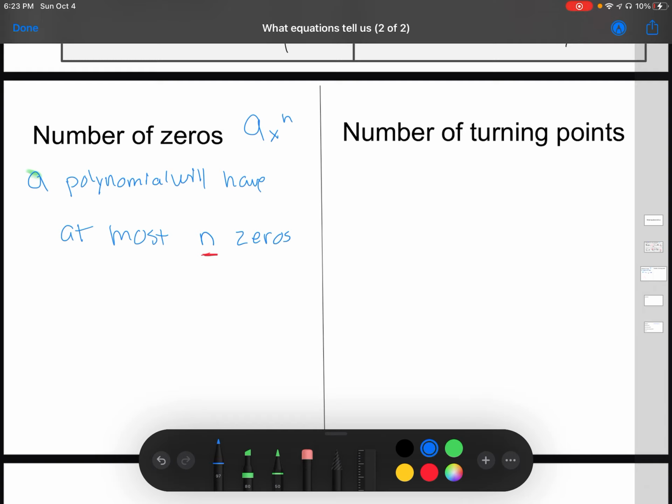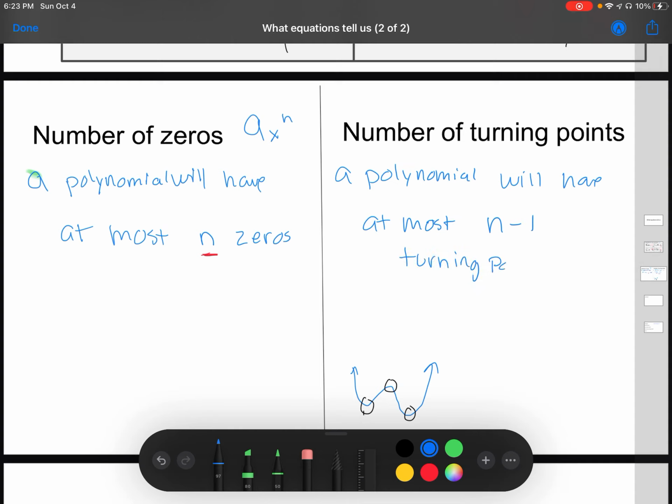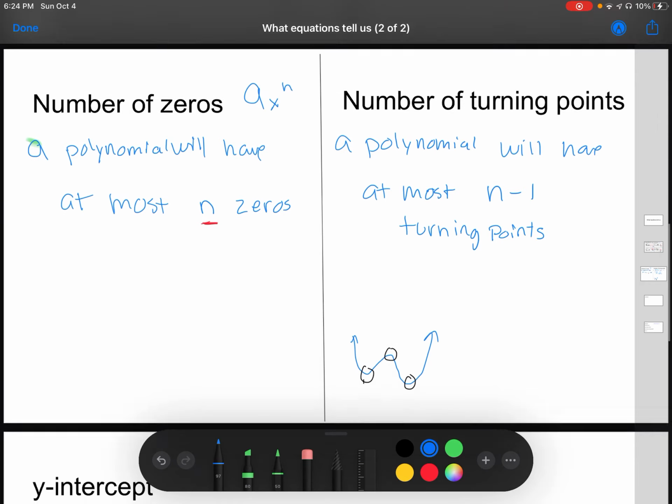A polynomial will have at most n minus 1 turning points, and again, that n is the exponent of the leading term. So if the exponent is 3, it will have 2 turning points. Exponent is 4, it'll have 3 turning points.